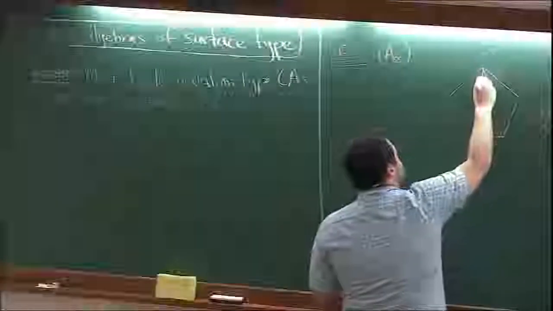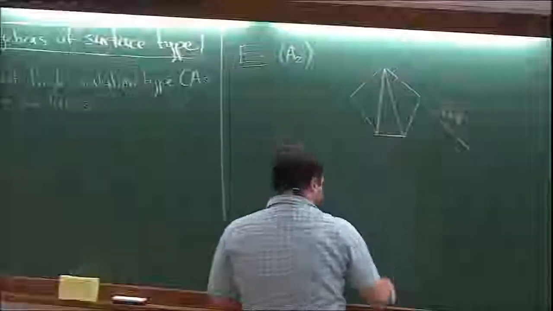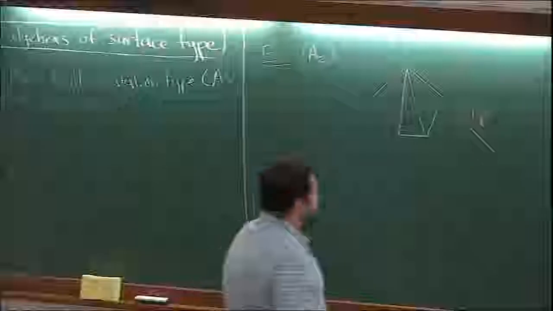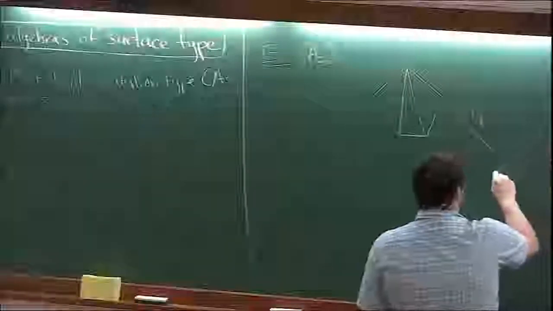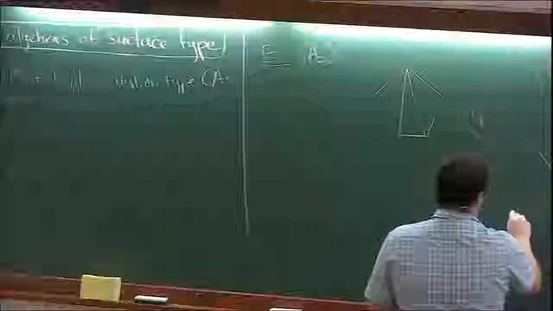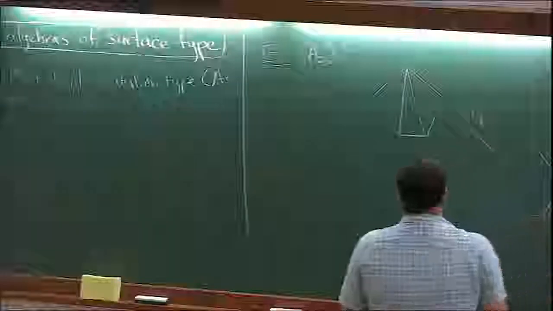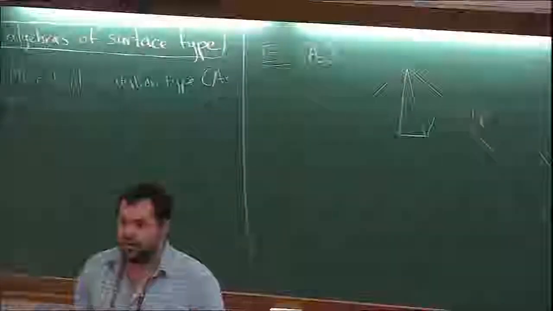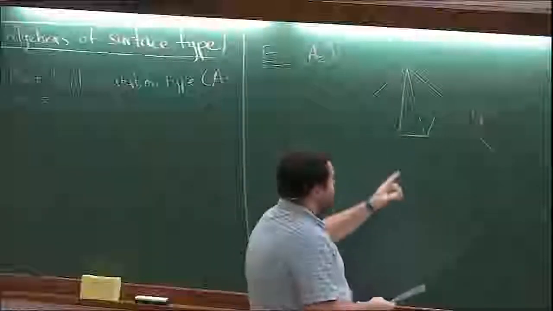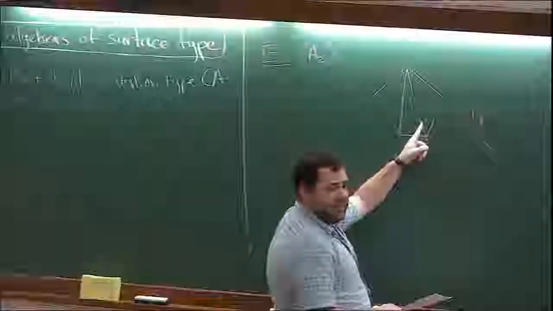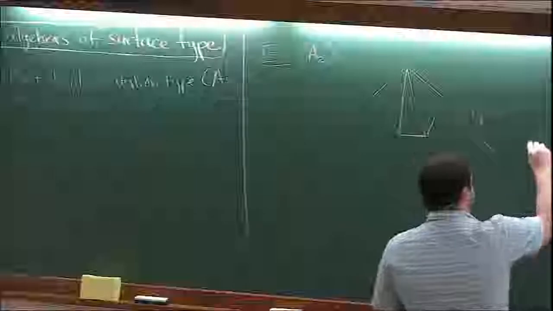I'm going to flip this diagonal. And what that means is, okay, so let me draw the picture. So just as in mutation, it's some local move. Everything kind of far away doesn't change. So this guy, I'm going to leave the same because I'm not flipping him.